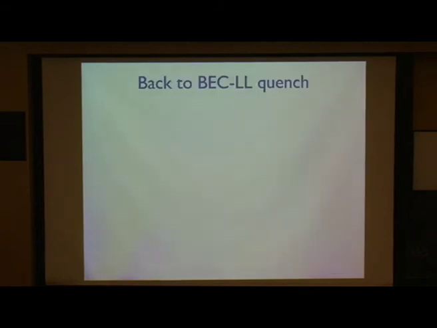The point is that the application of this method requires you to be able to calculate the exact overlaps between your initial state and your Bethe states. So then the problem goes back to mathematics.